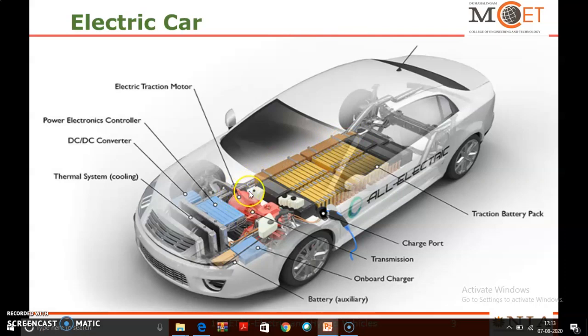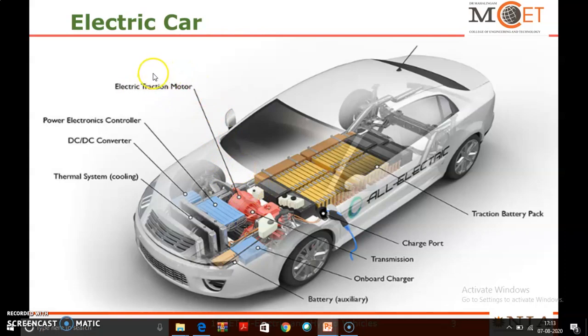The electric vehicle uses a high starting torque motor, which is the electric traction motor. The high starting torque motors available are the permanent magnet brushless DC motor, DC series motor, permanent magnet synchronous motor, and switched reluctance motors. These types of motors are preferably used in the electric vehicle.